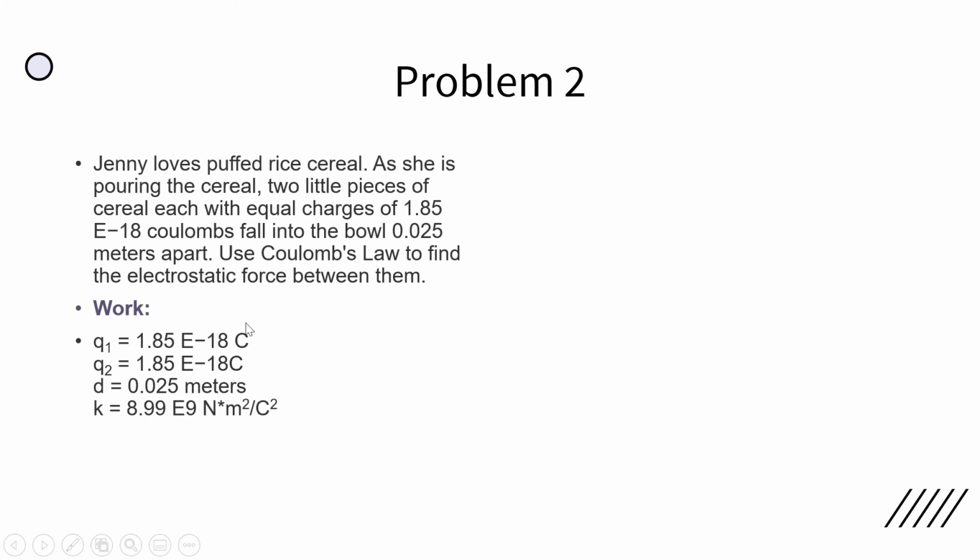We already have the distance, since it mentions that they are 0.025 meters apart. And lastly, letter K. Remember, letter K in Coulomb's law is a constant. So it is not necessary that they specify it in the problem, but you can just write it down directly.